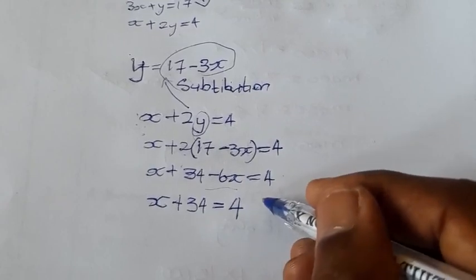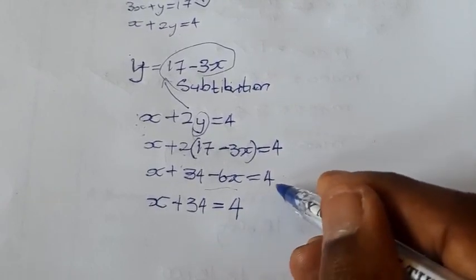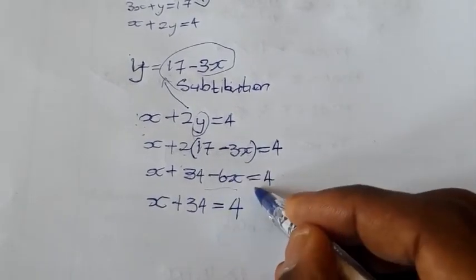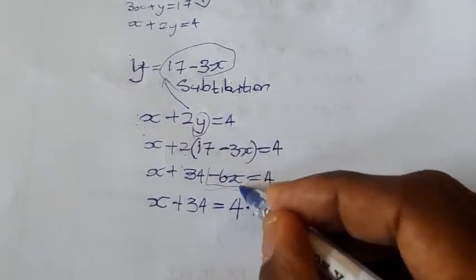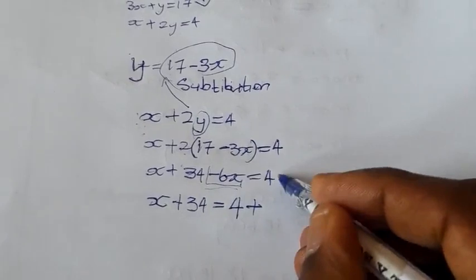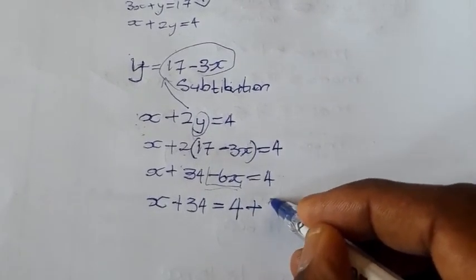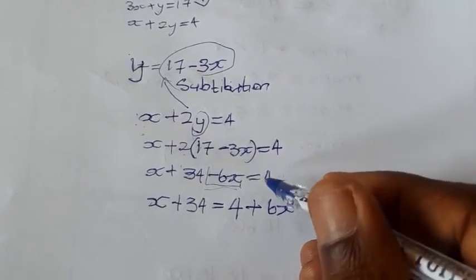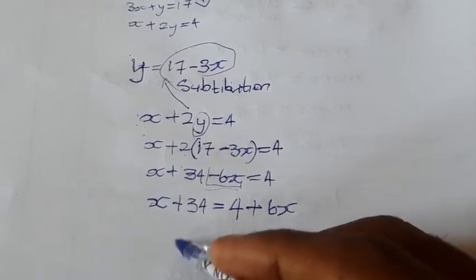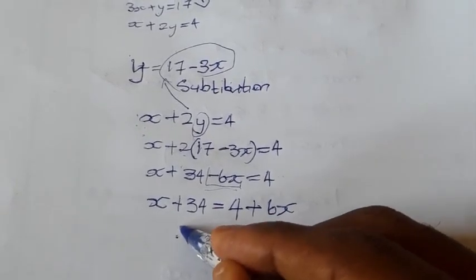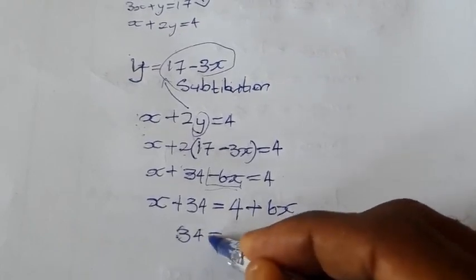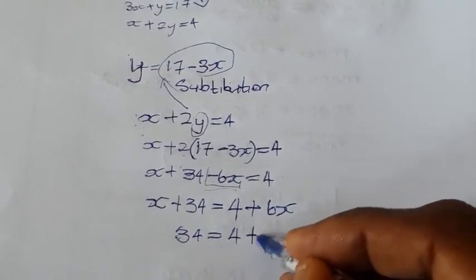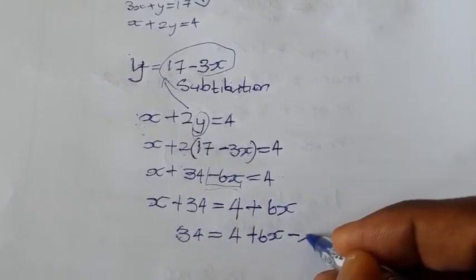We want to deal with negative numbers first so that everything is clear, fast and easy. So we move negative 6x to the other side, and it gives us positive 6x. Then we still leave this 34 here. We take the x the other side too. Then we will have 4 plus 6x minus x.